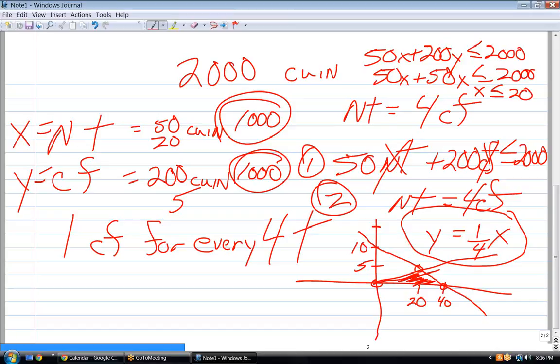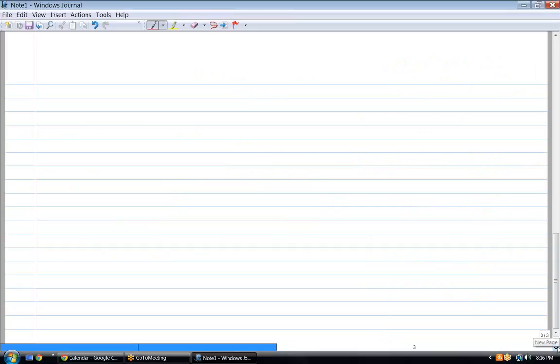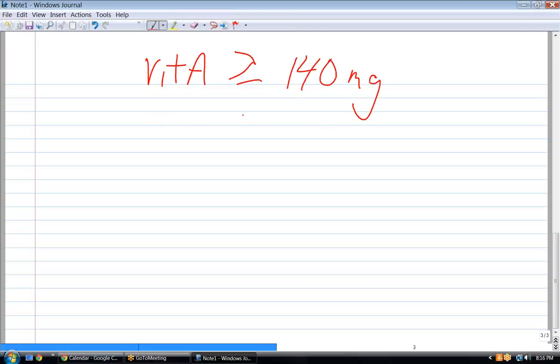Okay, do you have another one? Yeah. Okay, this one's a little bit longer. So, your doctor asks you to eat a diet that includes at least 140 milligrams of vitamin A, and at least 145 milligrams of vitamin B. These requirements can be obtained from 2 types of food.